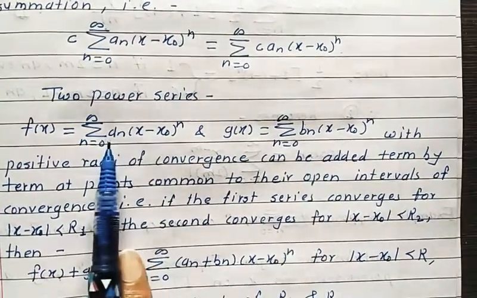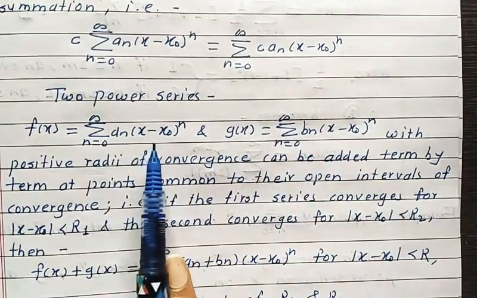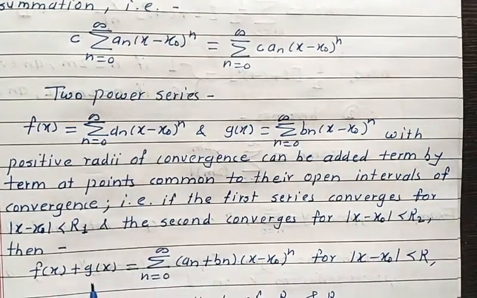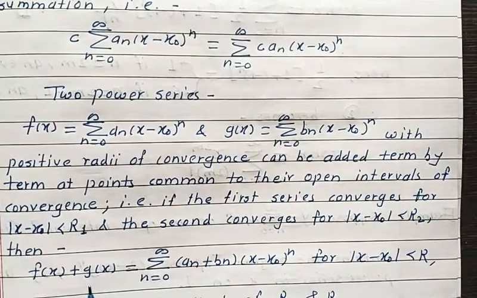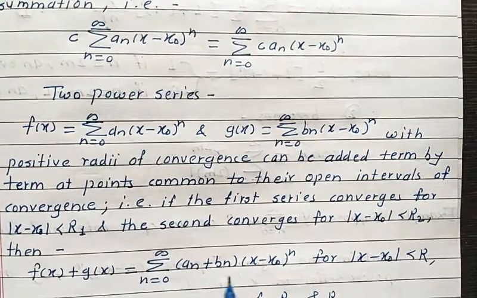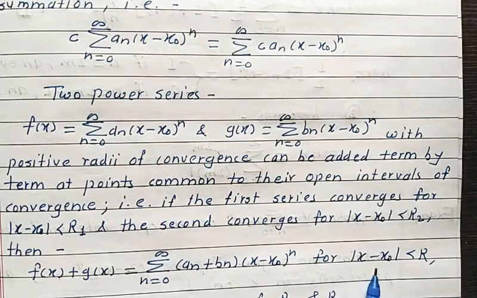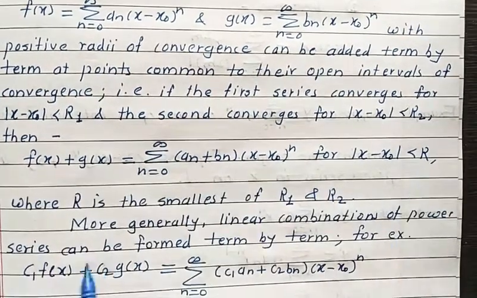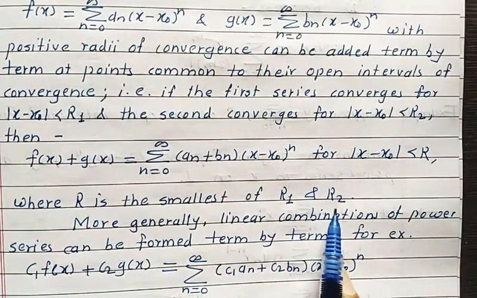Okay, in this addition we can take (x minus x naught) raised to n common, and what remains is a_n plus b_n. Then this power series is also convergent for mod of x minus x naught less than r. Now what is this r? This r is the smallest of r1 and r2.